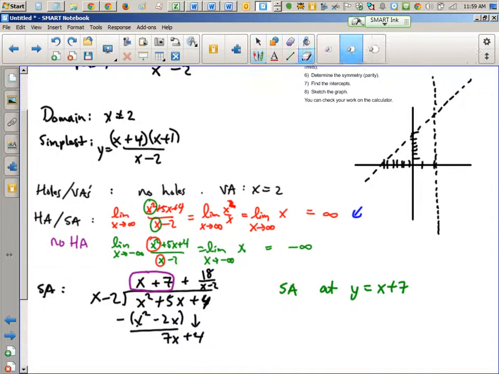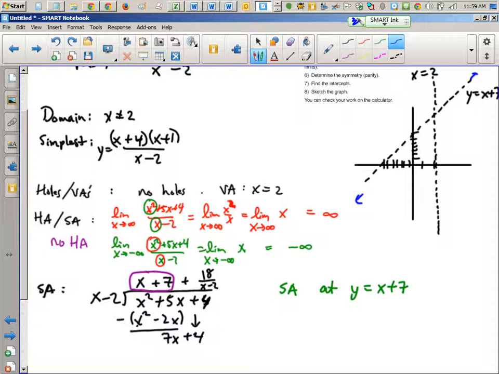Okay, so I'm going to label all this stuff. This is x equals 2. This is y equals x plus 7. I know there's an arrowhead up here somewhere and one down here.